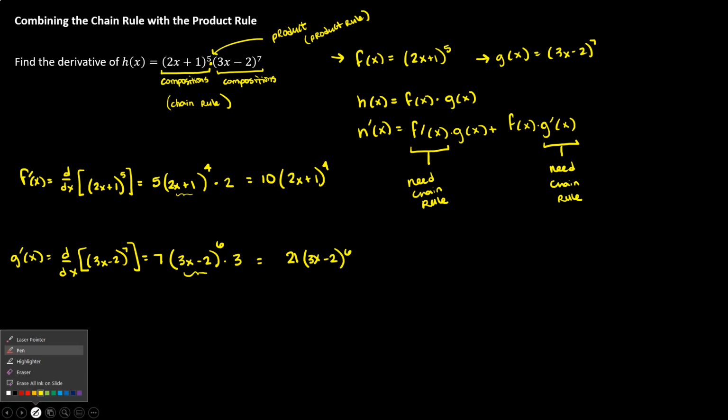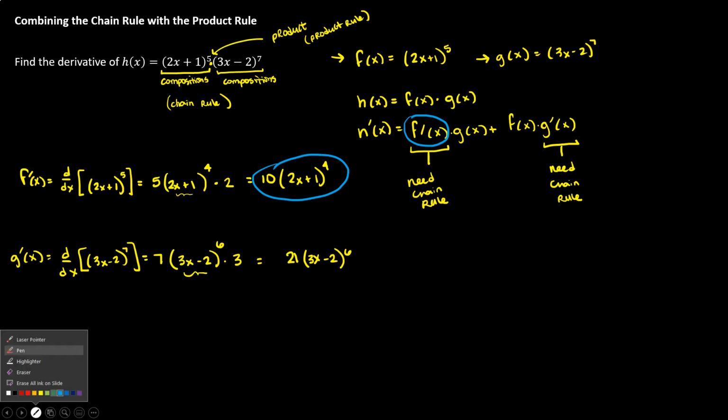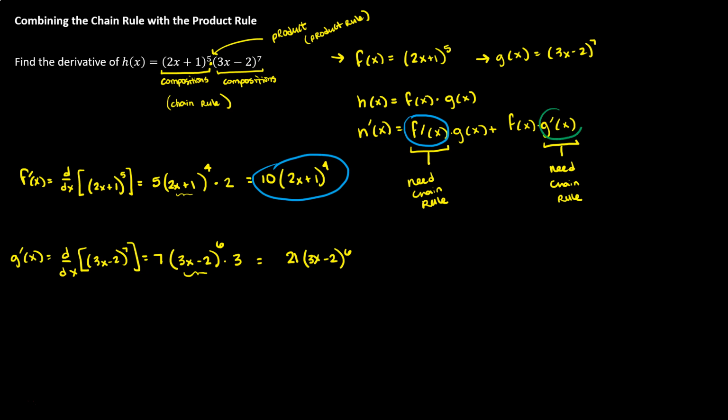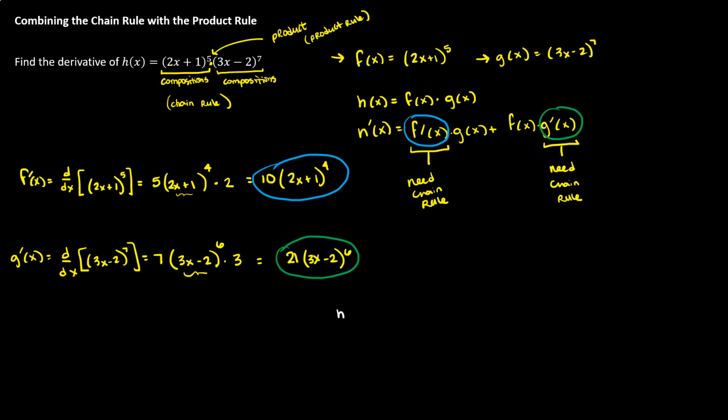Now we can take those and plug them into our roadmap for h prime. So finally we have h prime equals f prime times g of x.